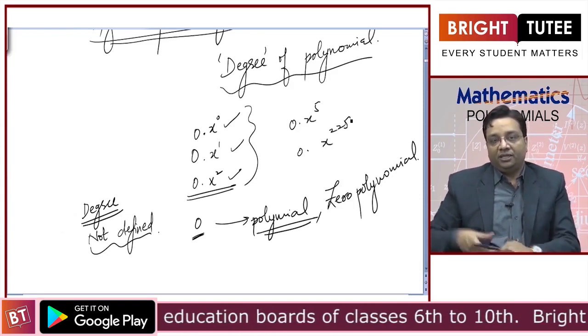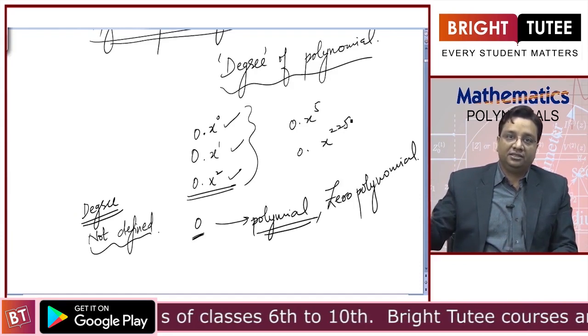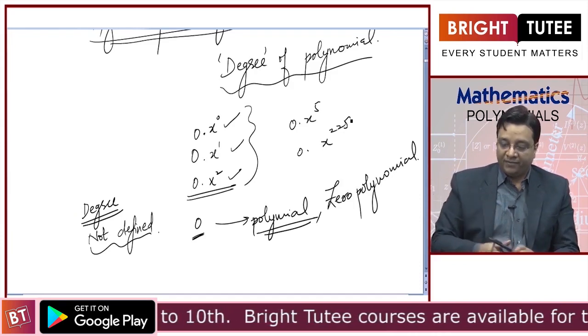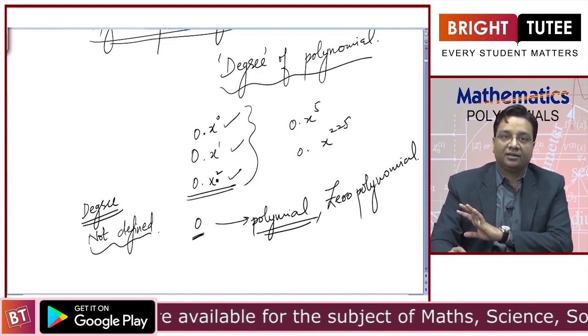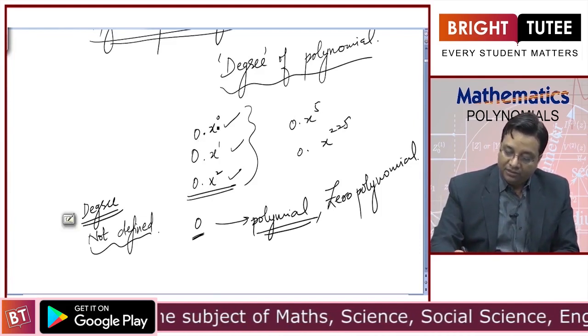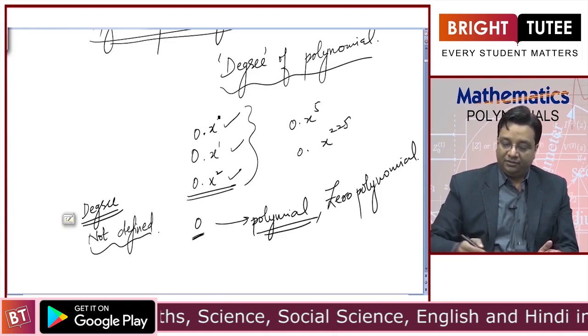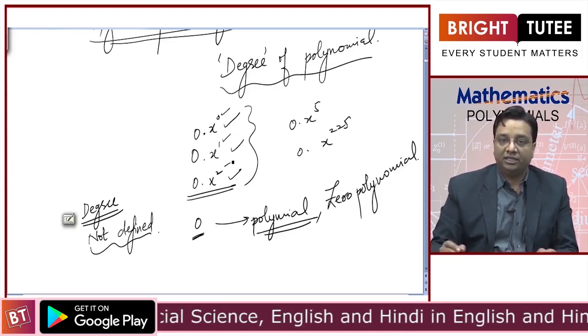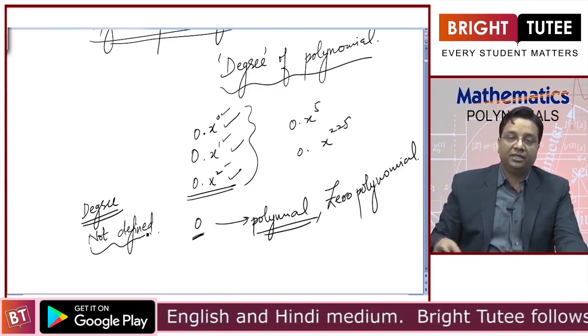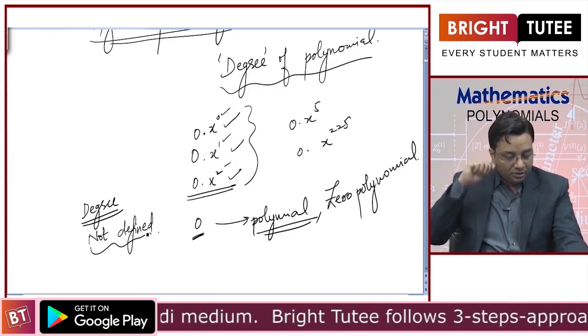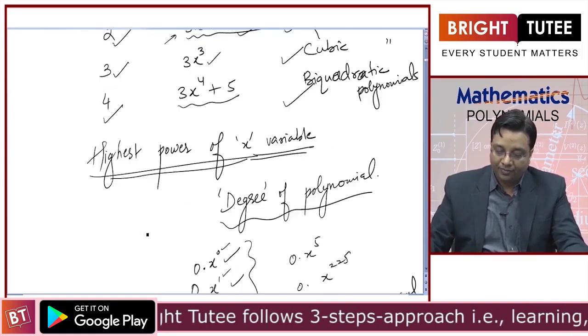So, there can be infinite degrees. It will satisfy at every power of x. You understand that? So, we cannot really define its degree. Which one is its degree? We cannot really comment about it. So, it is not defined. So, degree of a 0 polynomial is not defined.